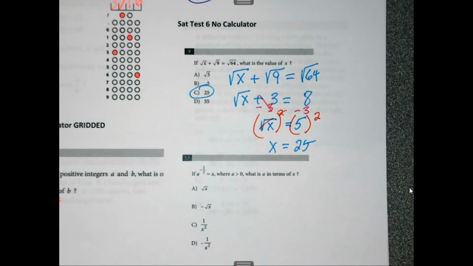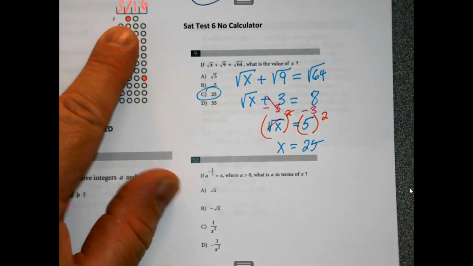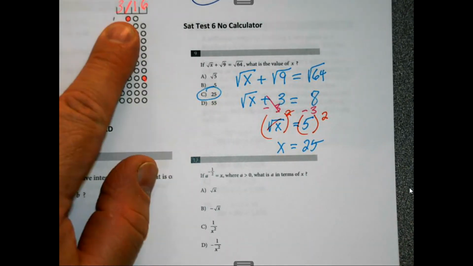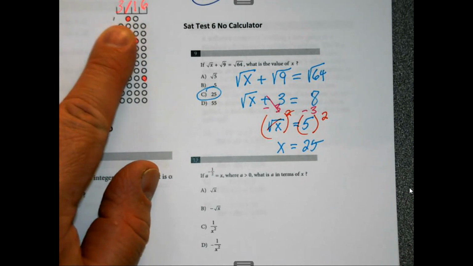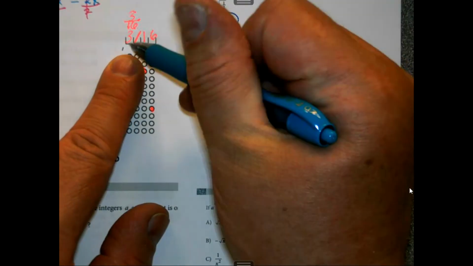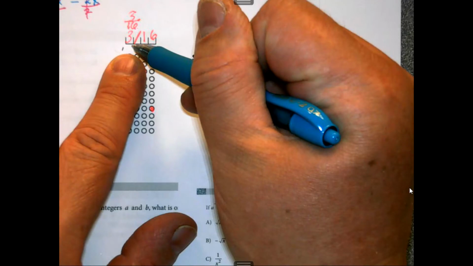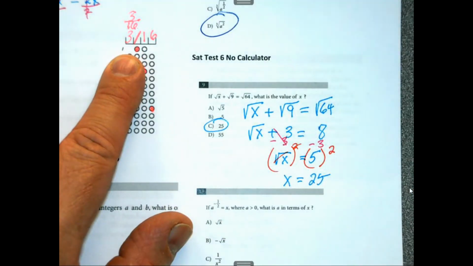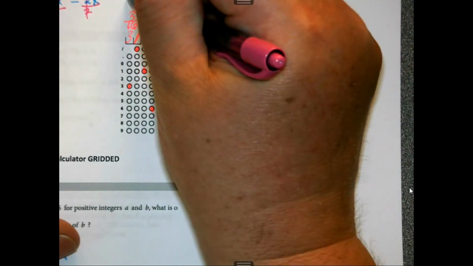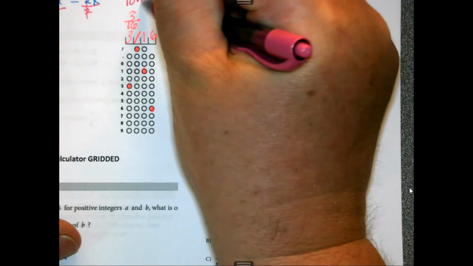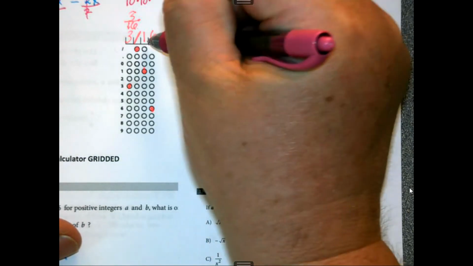Again, if it's gridded response, you can't guess, right? How are you going to guess it? By the way, how many ways can you have? We just did this. You got 4 slots here, digits. How many numbers can I put in the first slot? 10 ways: 0, 1, 2, 3, 4, 5, 6, 7, 8, 9. So you have 10 choices here, 10 choices in this slot, and 10 choices in that slot, and 10 choices in that slot.